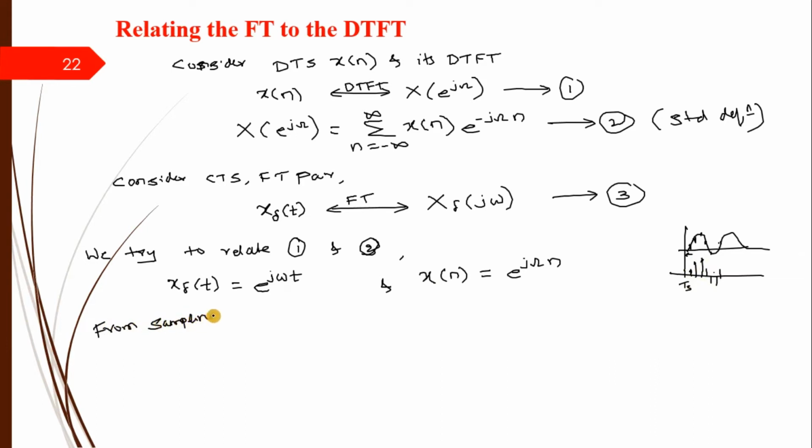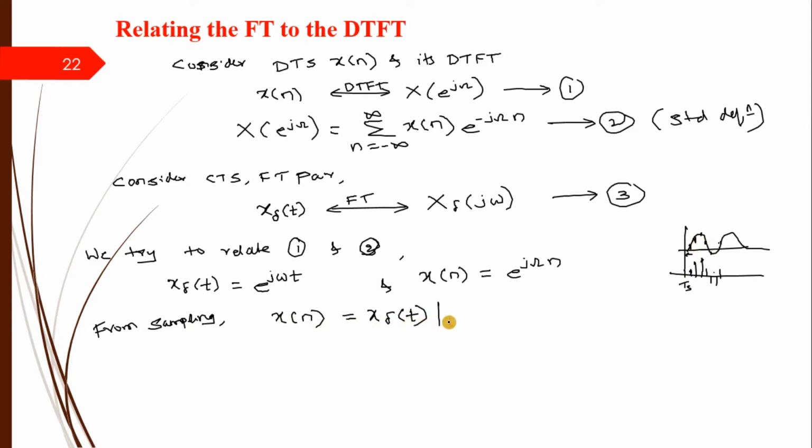From sampling, your continuous time signal becomes a discrete time signal. In equation form, x of n is equal to x delta of t. It is a discrete time signal, nothing but samples received from the continuous time signal.